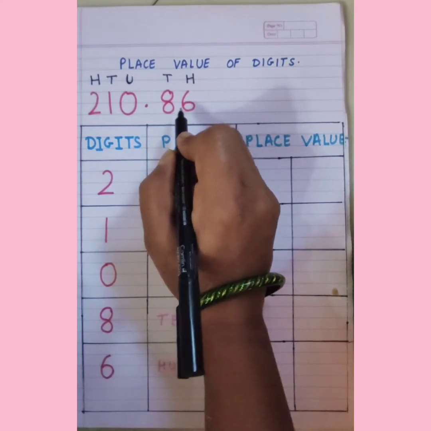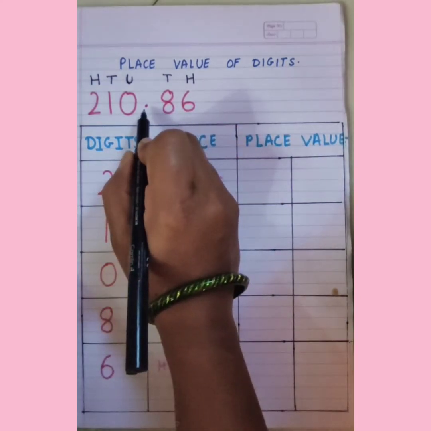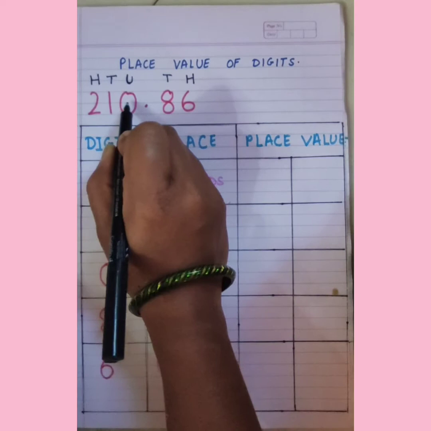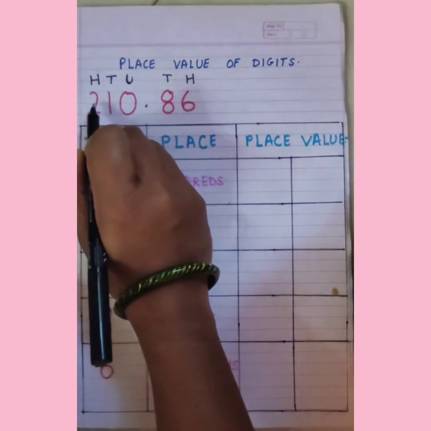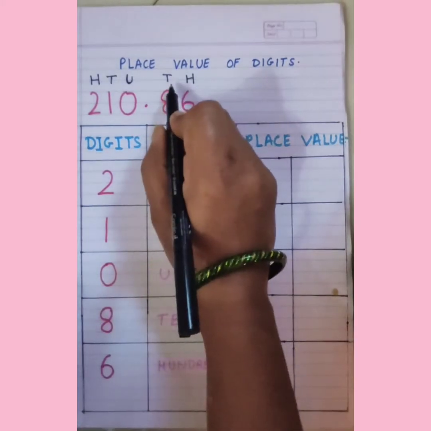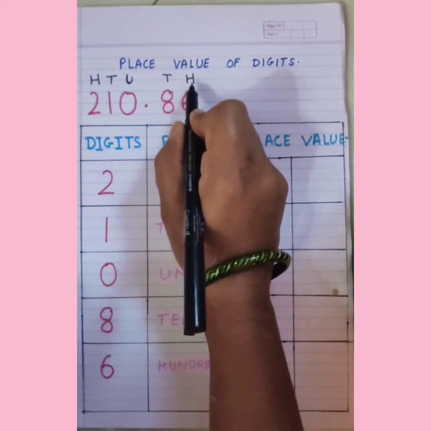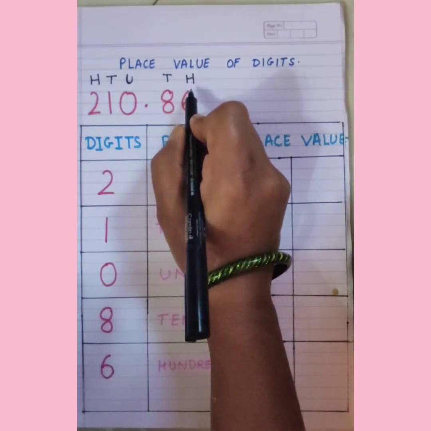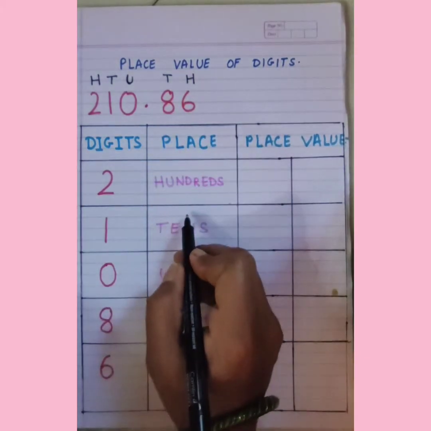Students, please understand, before the decimal point we write units, tens and hundreds, and after the decimal point we write tenths and hundredths. Further I will tell you what is the difference.